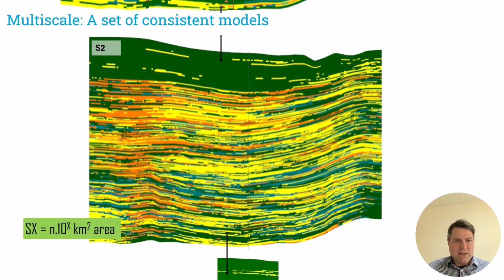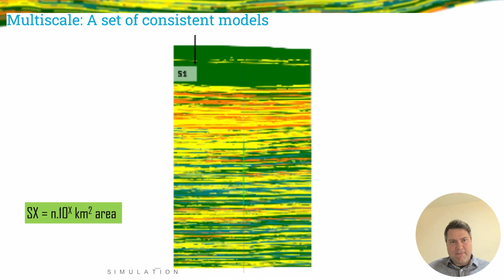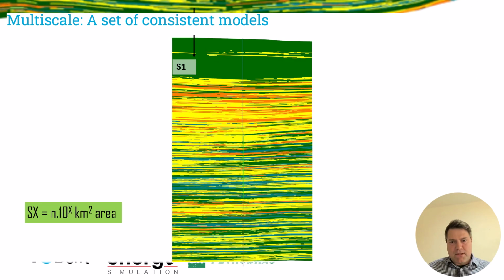So here you can see in much more detail the heterogeneity of the reservoir. And now we can go to the scale where we can evaluate the effects for a single well, which we name S1.